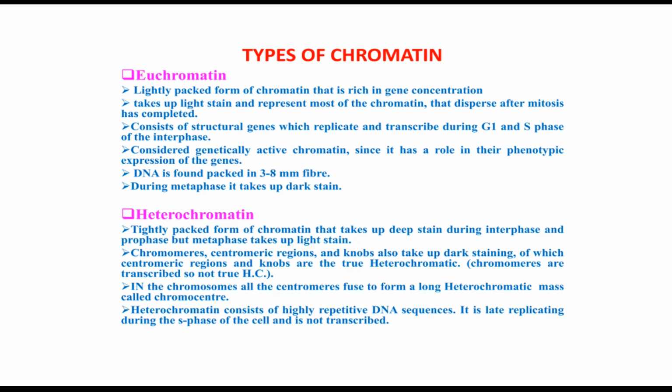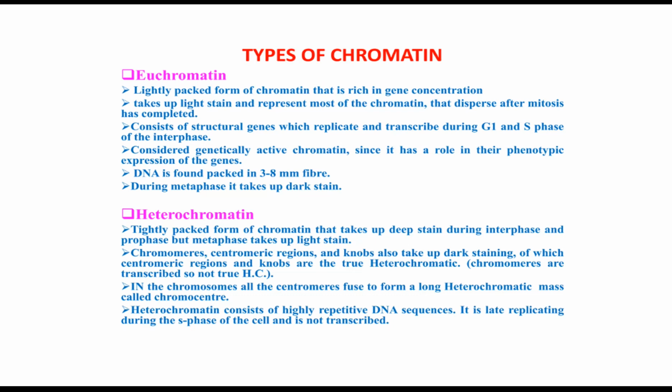It consists of structural genes which replicate and transcribe during G1 and S phase of the interphase. It is considered genetically active chromatin since it has a role in the phenotypic expression of the genes. DNA is found packed in 3 to 8 nm fiber. During metaphase, euchromatin takes up the dark stain.